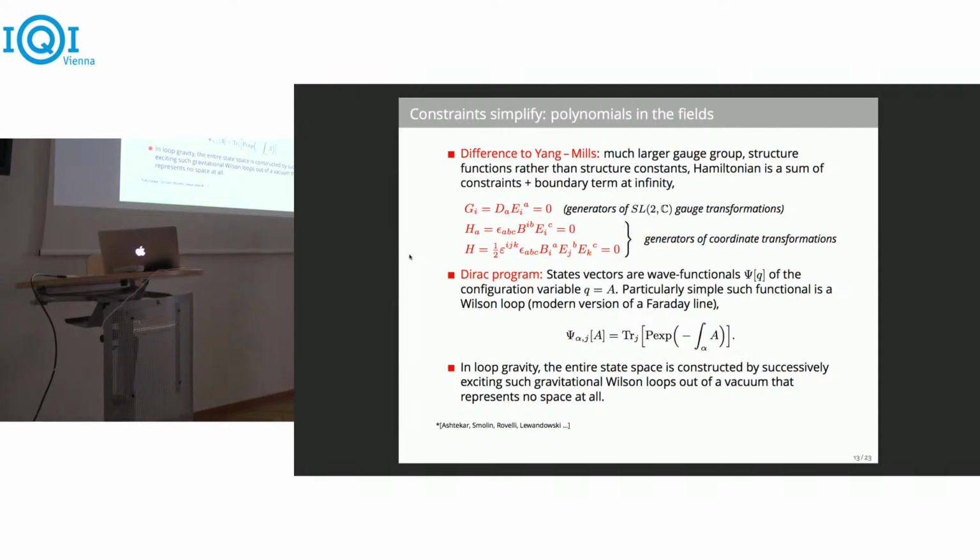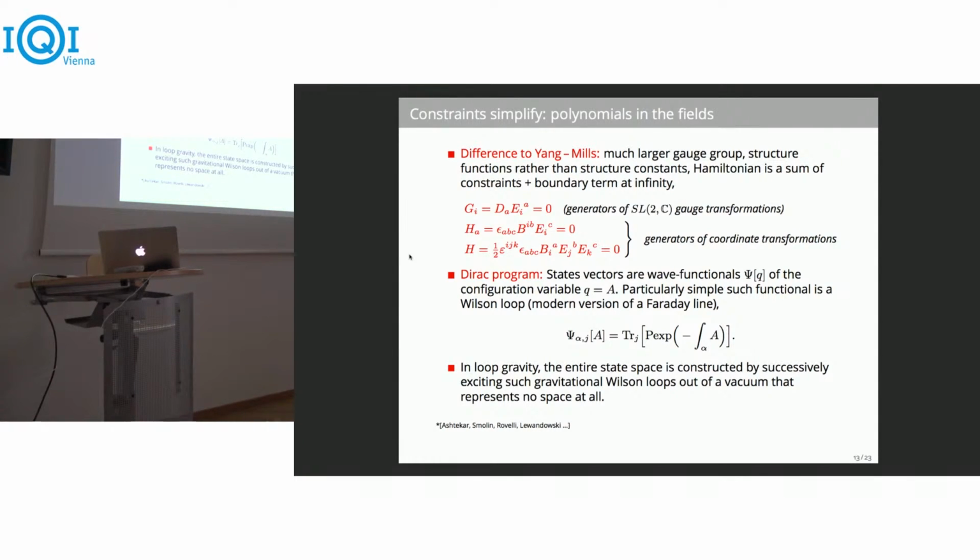And in addition to that, there are the vector and scalar constraints, which are again just polynomials of the fundamental fields. B being the magnetic field, the gravity analog of curvature, and E being the momentum conjugate to the connection, which are these orthonormal frames.